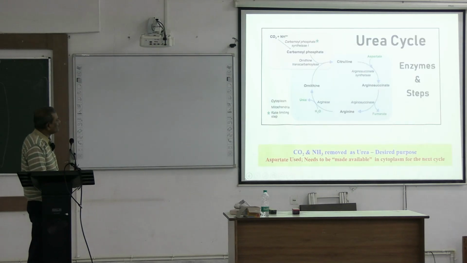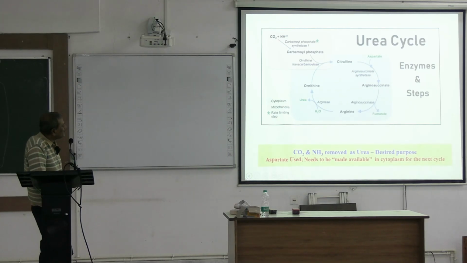You see here what is happening in the urea cycle. Two steps occur within the mitochondria, and the remaining 3 steps occur in the cytosol. If you look at the whole reaction, our basic purpose is to get rid of ammonia and also carbon dioxide.